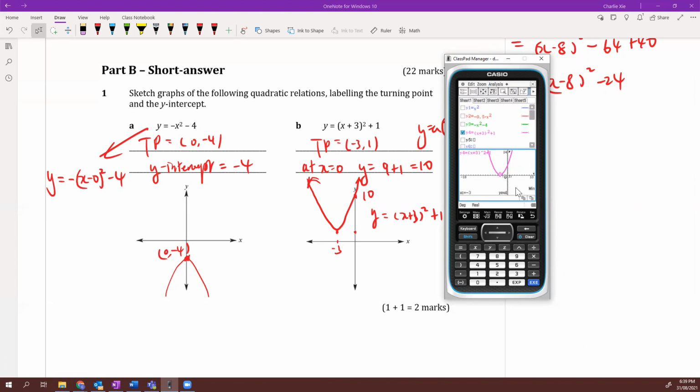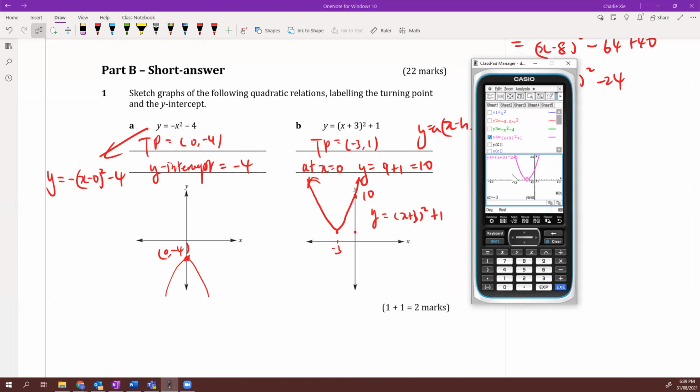It's quite small, but let me zoom in a little bit. My calculator got stuck, but okay. It's negative 3, 1. But look at here, negative 3, 1.